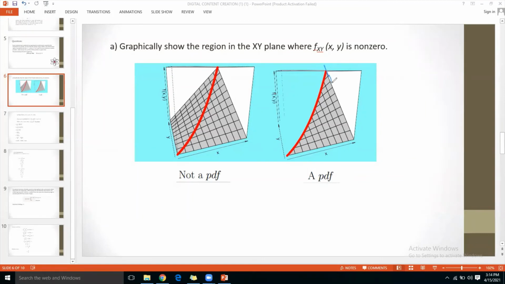This will be x equals 1, which has been given as a condition, and the second condition is y equals x. So this is the region where our PDF is 6xy. This answers the question of where our PDF is non-zero, basically where it is not zero, which we have to show graphically. So this is the region where the PDF is non-zero.